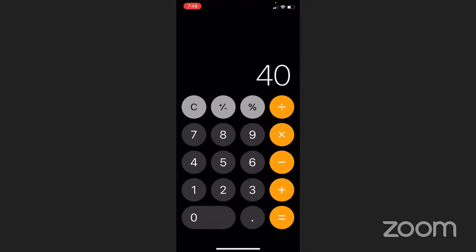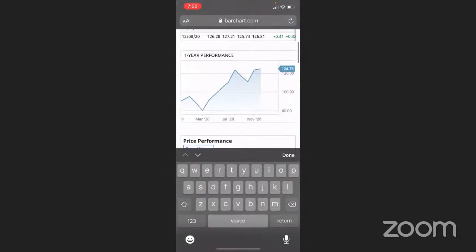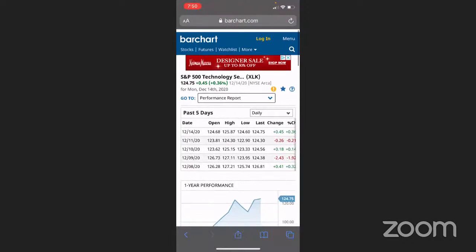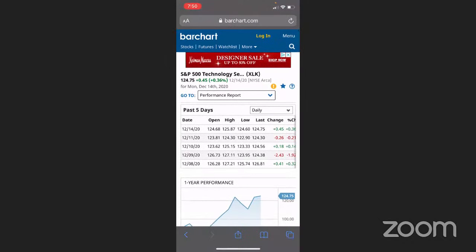But for an ETF like XLK, we're going to do 40 times 0.8. That gives us 32. And we're going to do 125, the current stock price, plus 32, which gives us 157. So the price changed a little bit, and we can actually do the 155 strike all the way pretty much up to the 160 strike.